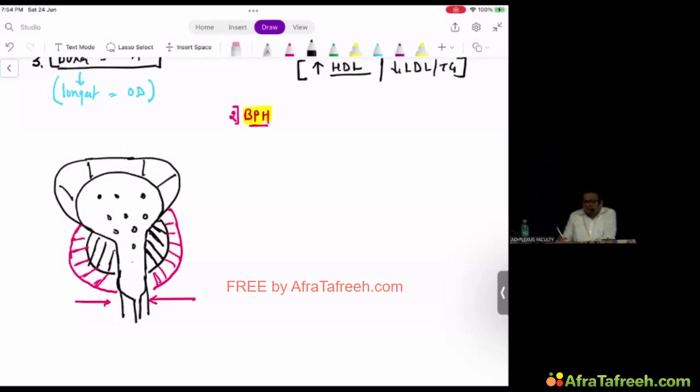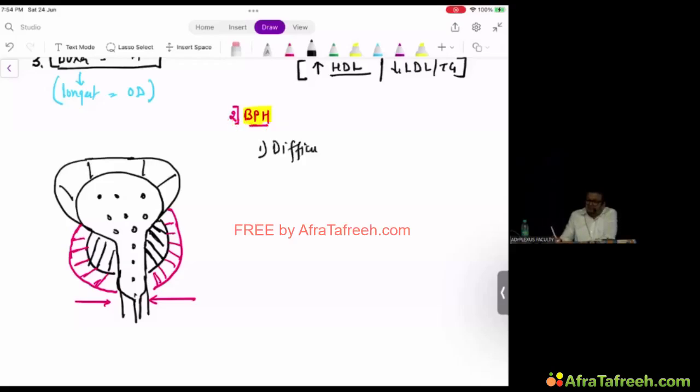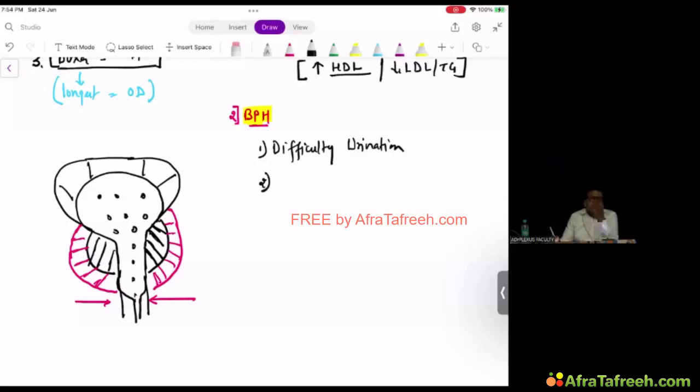So passage of urine will be easy or difficult? So the patient has number one symptom as difficulty in urination. His bladder is filled with urine, but he cannot pass it.